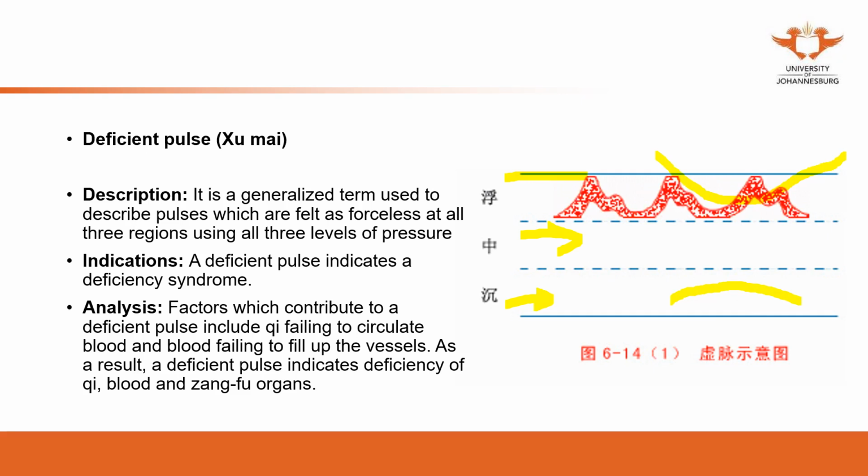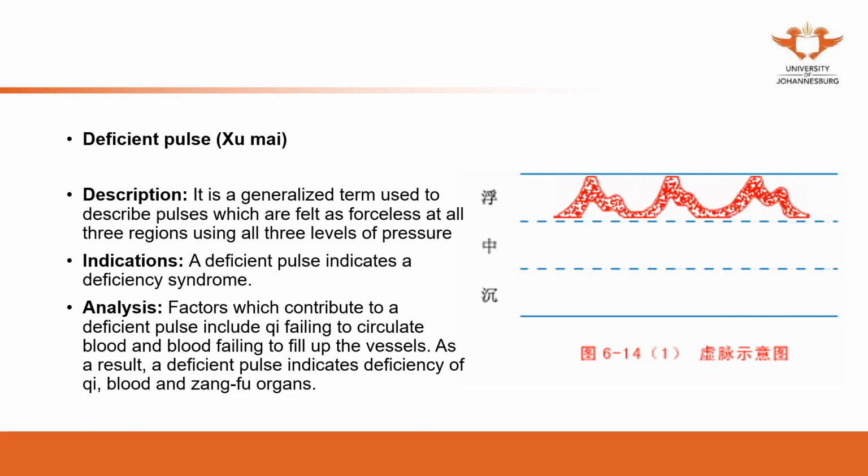That's almost impossible. But some other feelings can happen together, such as the deficiency and excessive. Deficient, forceless. A patient can present with a very slow and forceless pulse, or very slow and powerful. So that's the combination of different manifestations.